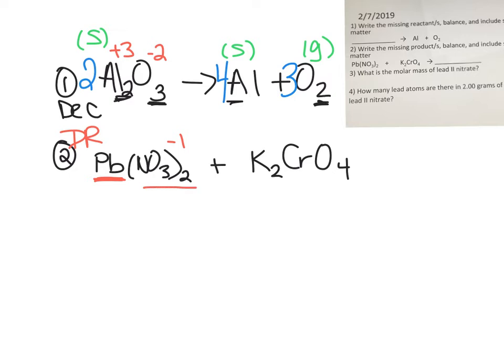So what's the overall negative charge? What's -1 times 2? -2. So what does lead have to be to balance it out? A +2. So this is lead(II) nitrate. You guys all writing it down to study for your test later? Okay, good.